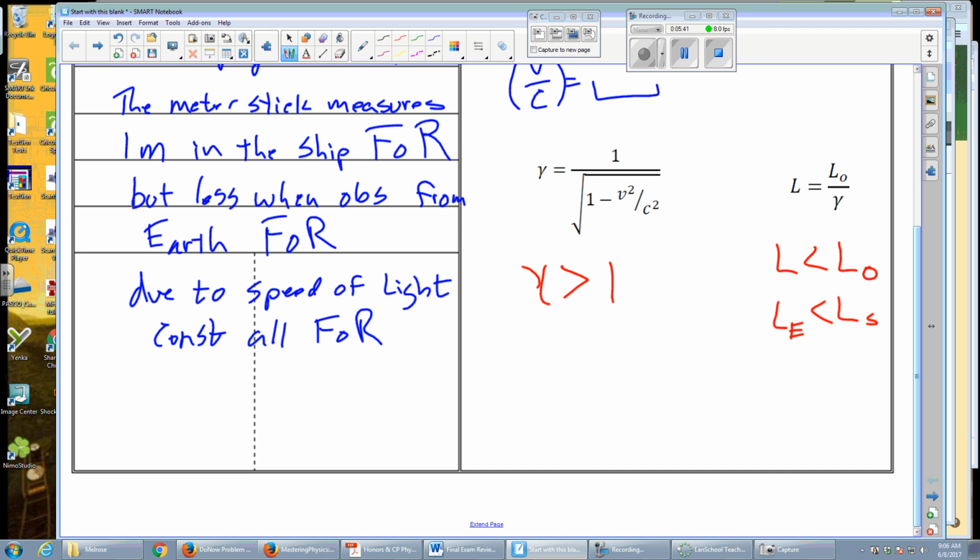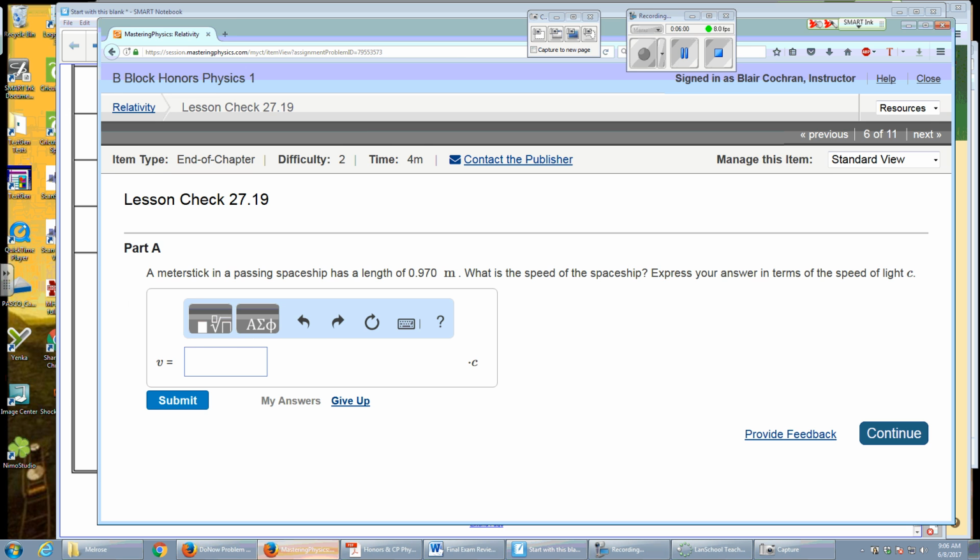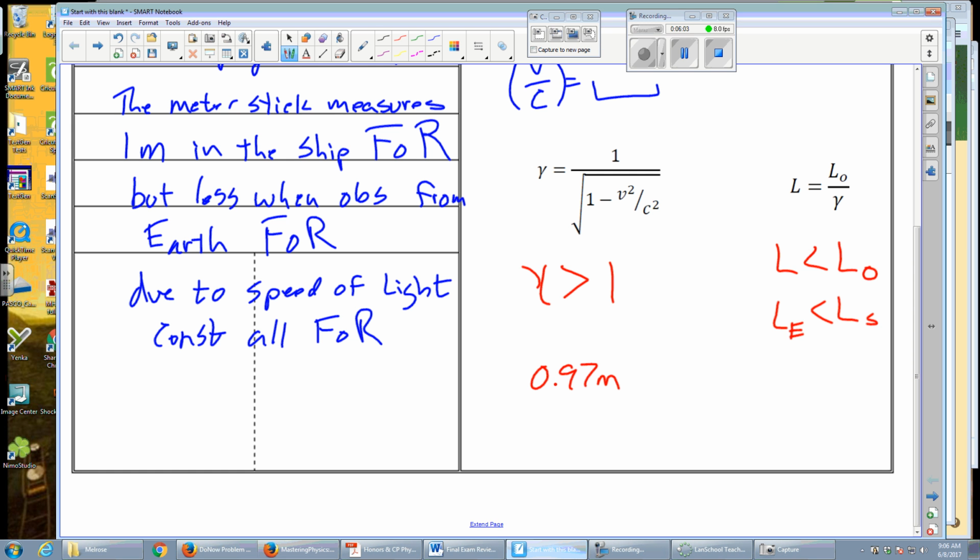I'm going to group that v and that c together, because what I want to finally solve for is v over c. So length from the Earth, which they told me is 0.97 meters, equals 1 meter times the square root of 1 minus v over c squared.